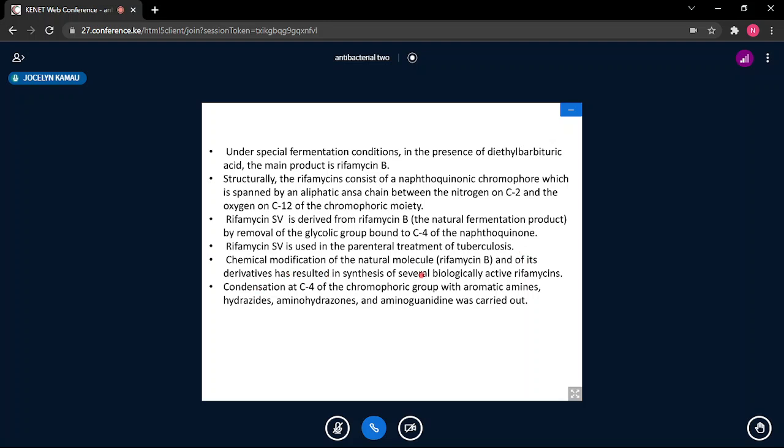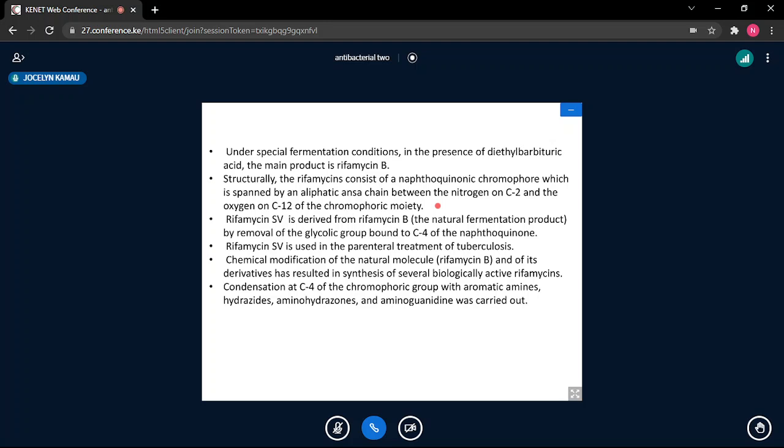Chemical modification of the natural molecule, that's rifamycin B, and of its derivatives has resulted in synthesis of biologically active rifamycins. Condensation at carbon 4 of the chromophoric group with aromatic amines, hydrazides, aminohydrazones, and aminoguanidine was quite a rigorous process.